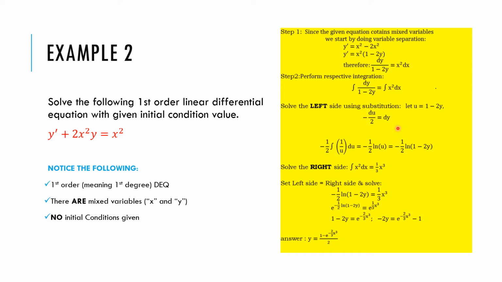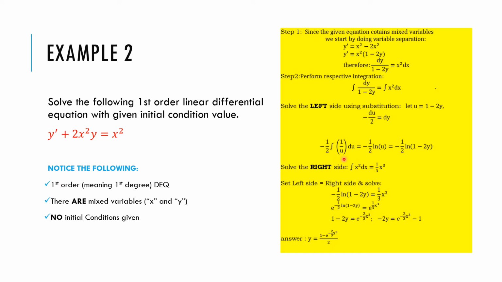Okay. Then I would take the integral of the 1 over u, because remember this bottom part here is now what I call the u. So now I'm going to have negative 1/2 times the integral of 1 over u times du.